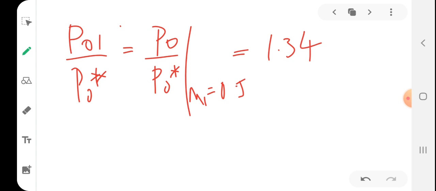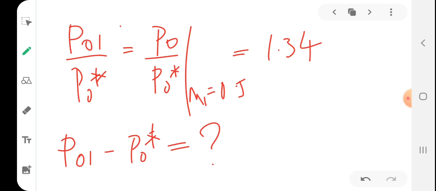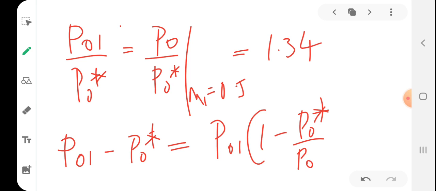But students, what should be found out? Actually P01 minus P0 star is the value that should be calculated, but we don't know P01 and we don't know P0 star. So this equation can be written as P01 minus P0 star equal to P01 out of the bracket, 1 minus P0 star by P01.